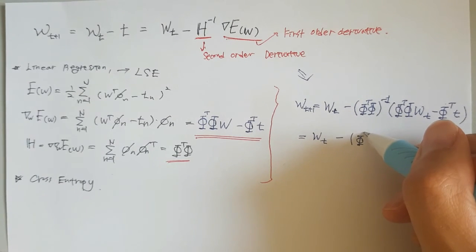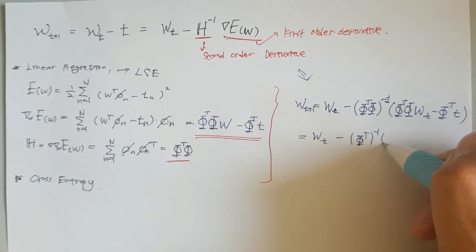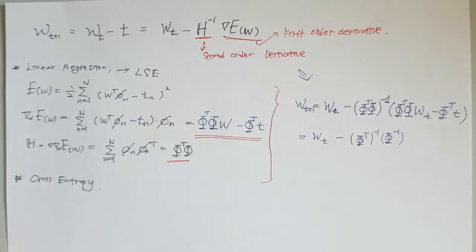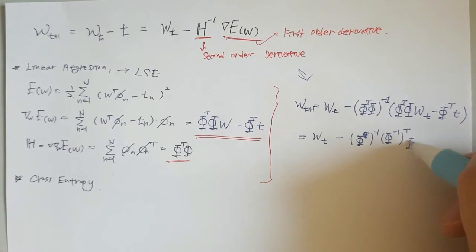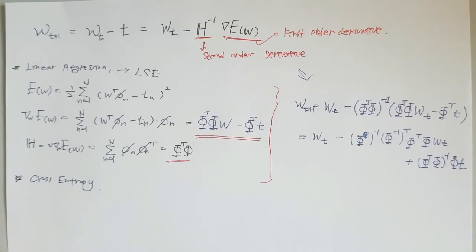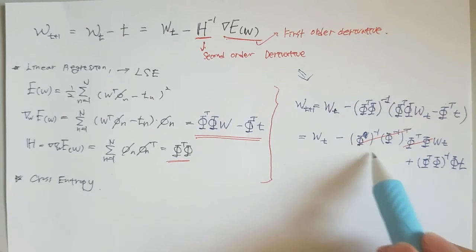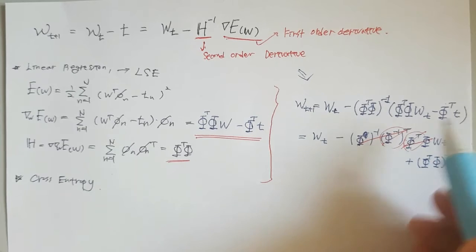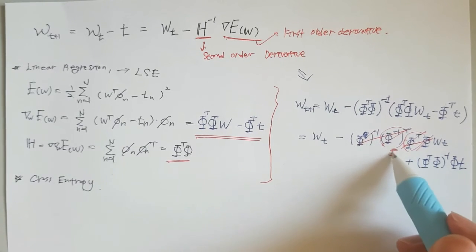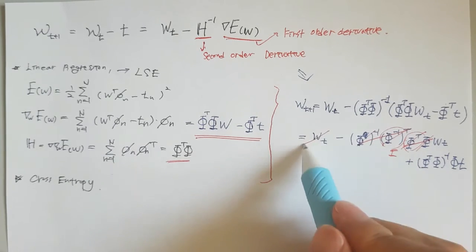the transpose and the inverse will be here, and the terms will be cancelled out, because this and this give the identity matrix, and this will also be an identity matrix, sorry, so it will be cancelled out here.